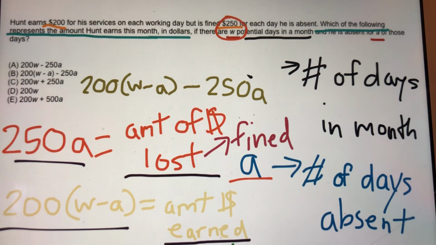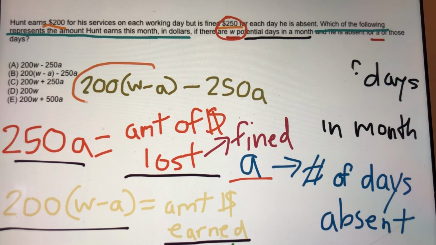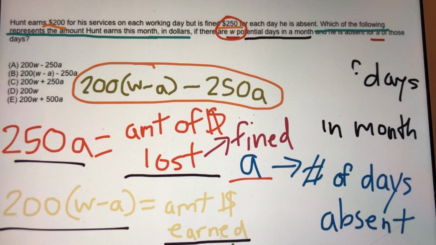This is the expression we're looking for, because it tells you how much money Hunt earns a month, but also how much he loses, and then you subtract that loss from the amount he earns. If you look at our answers, the one that resembles it is B. So B is the correct answer.